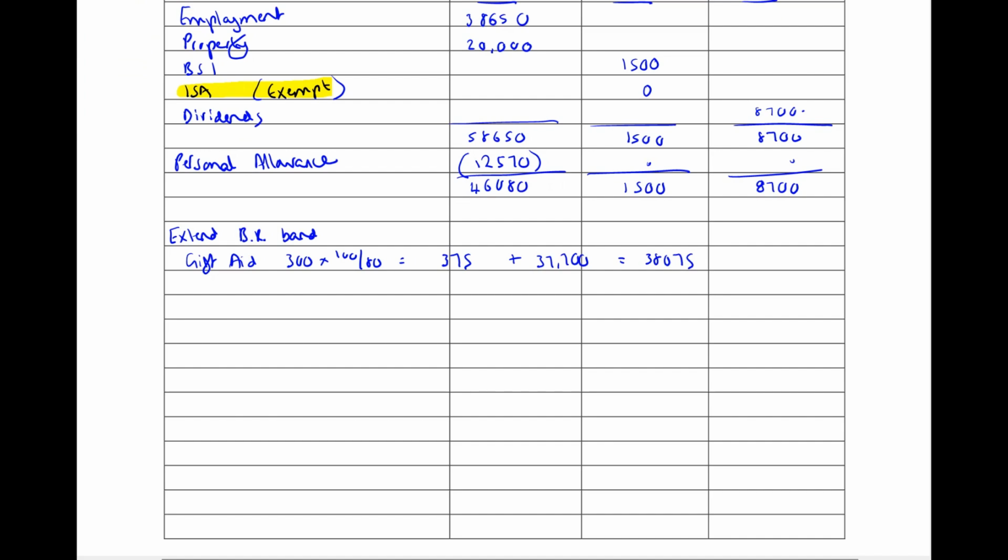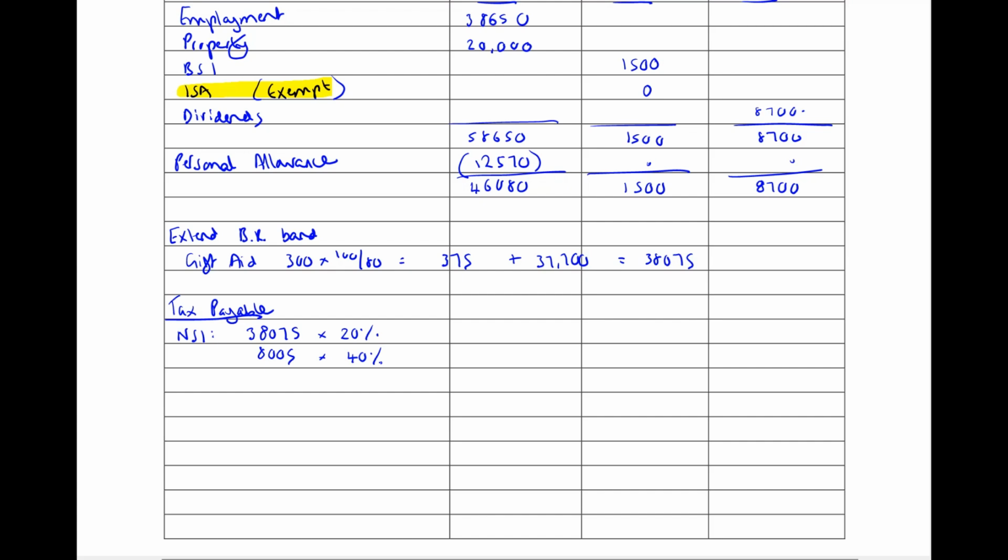But what I'm really interested in now is the tax that's going to be payable. And as I have just said, for the non-savings income, the first £38,075 is going to be at the basic rate of 20%, with the next £8,005 at 40%.